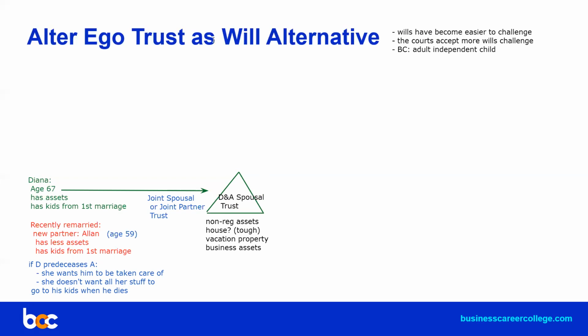And now she is going to name, as what we'll call our income beneficiaries or our life interest beneficiaries. Okay, and the language here varies. It's really province by province, and to some extent even the lawyer's preference. We're going to name Diana and Alan. What that means is that as long as one of them is alive, the trust will take care of them.